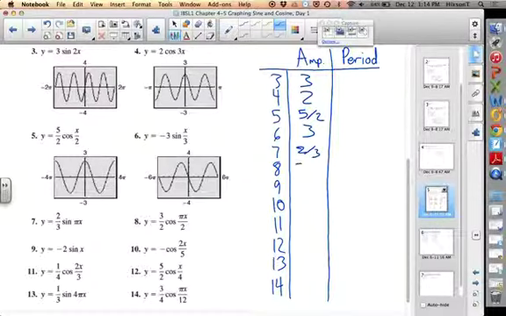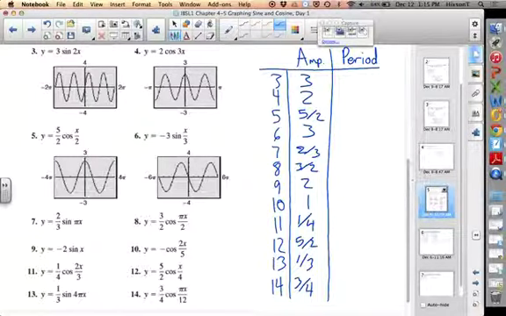Okay, 8? 3/2. Good, 9? 2. 10? 1. 11? 1/4. 12? 5/2. 5/2, good. 13? 1/3. And 14? 3/4. Okay, so that quickly we should be able to pick out our amplitude.